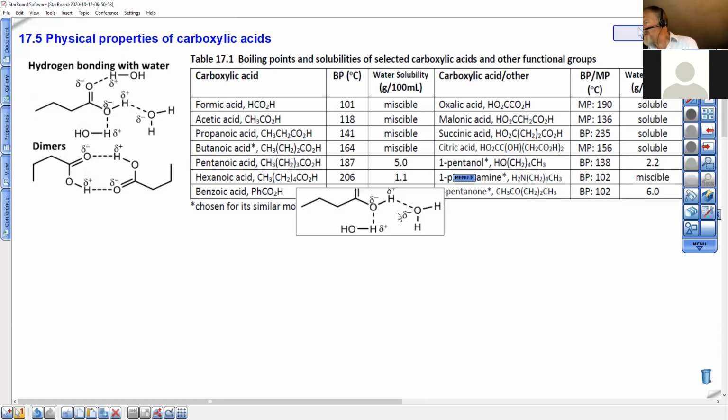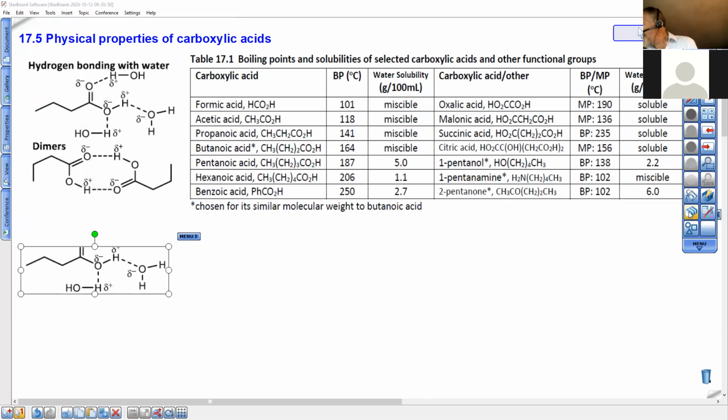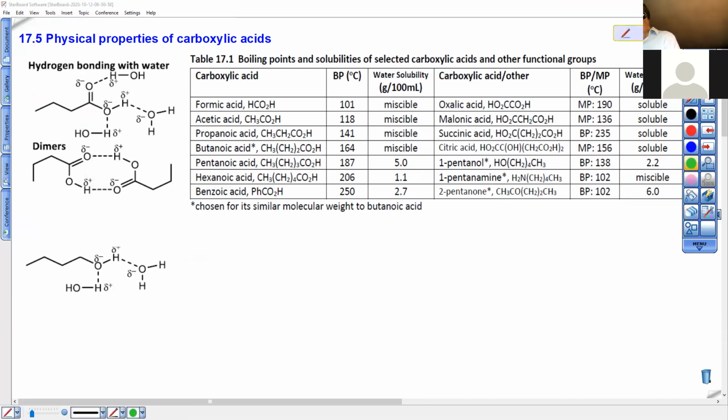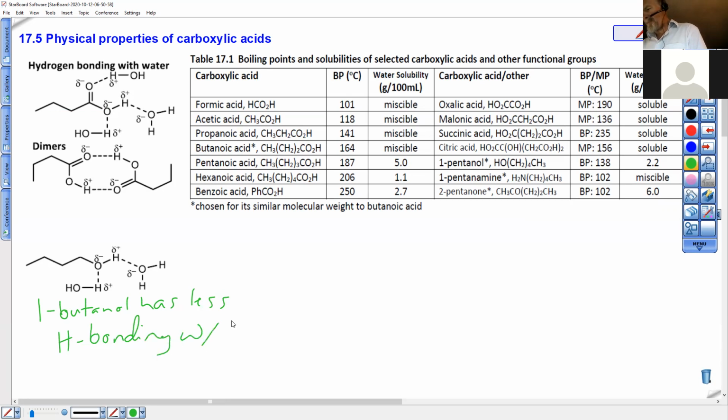And that's butanol when I get my eraser going. 1-butanol. It doesn't have a carbonyl here to hydrogen bond, so its solubility is almost 0.